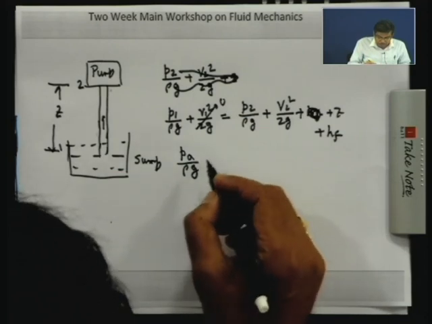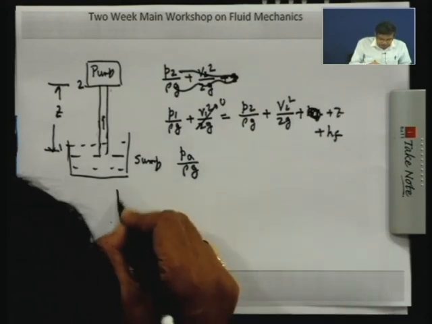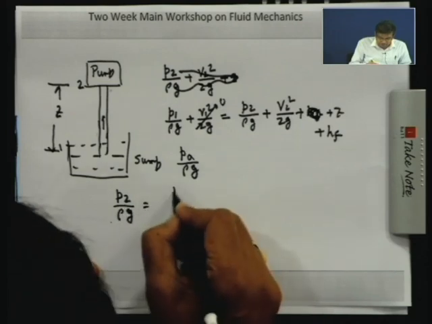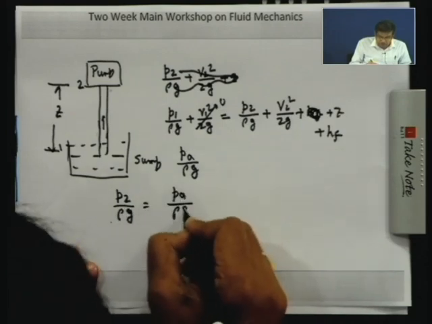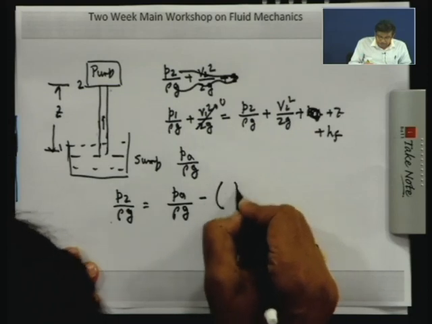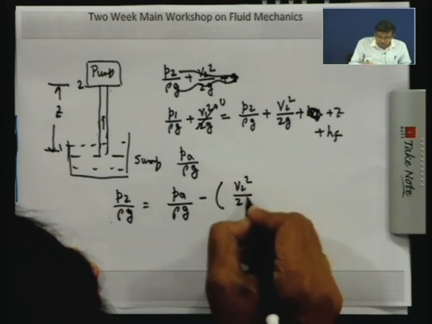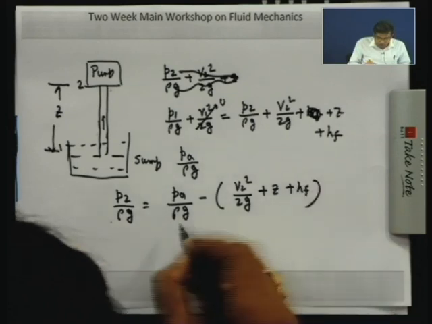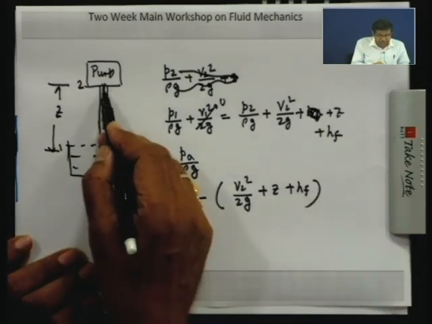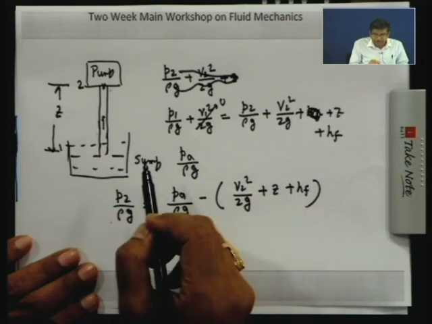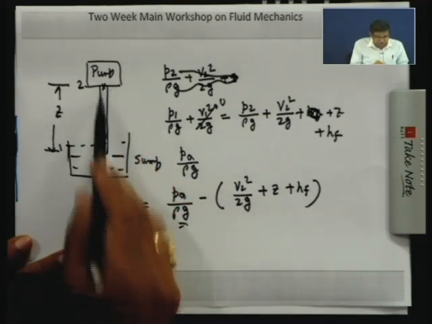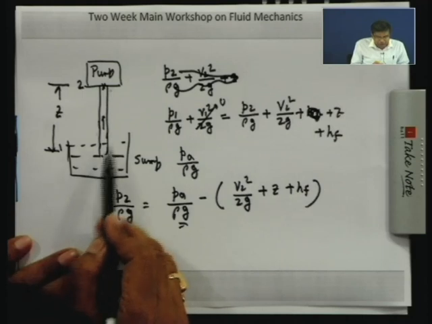So therefore we can write P2 by rho g is Pa by rho g minus V2 square by 2g minus Z minus HF. Now you see, obviously the pressure here is suction pressure, similar to that at the runner outlet in a turbine; the pressure is lower than atmospheric, because it is drawing water from the atmospheric pressure.